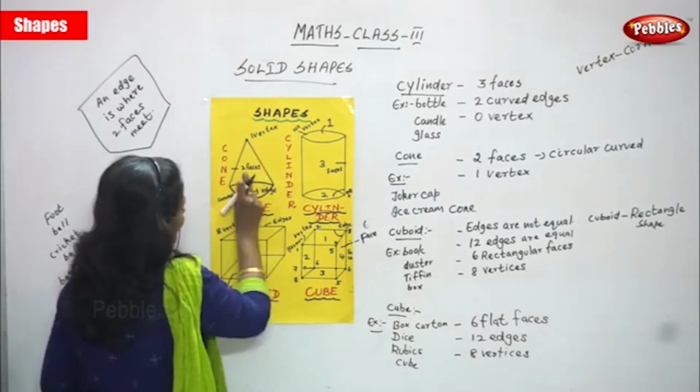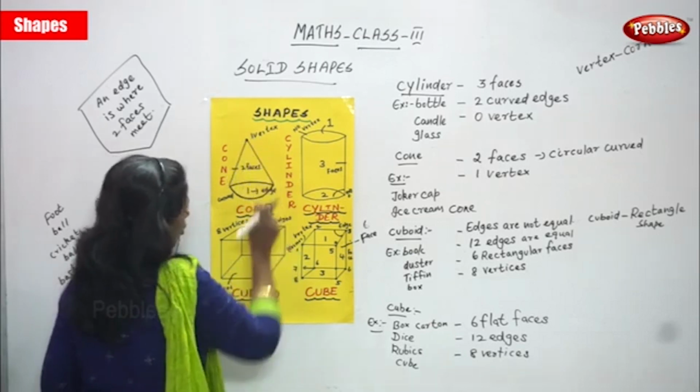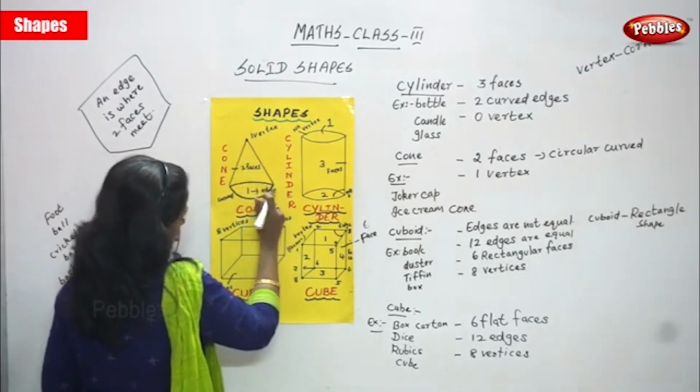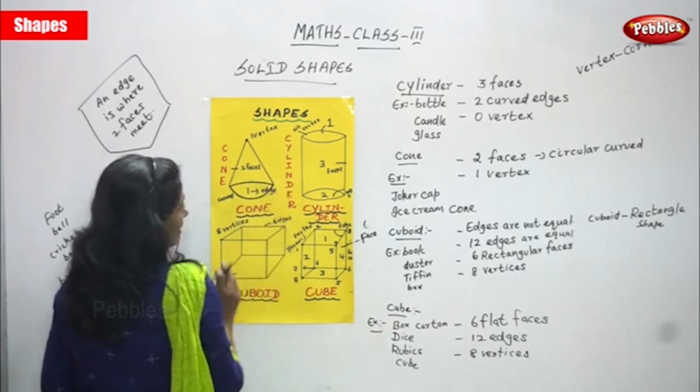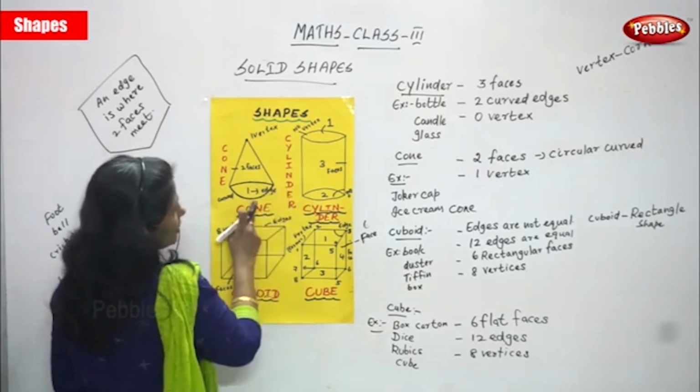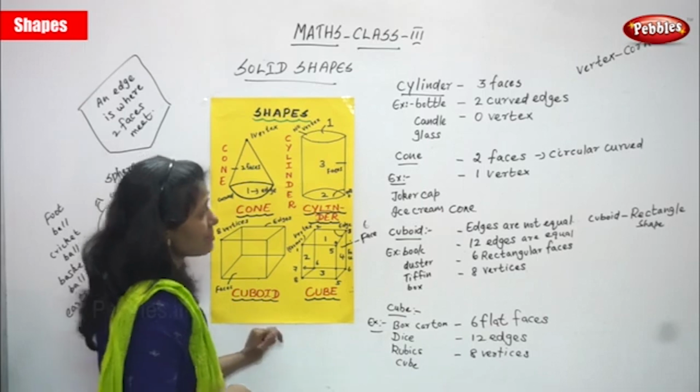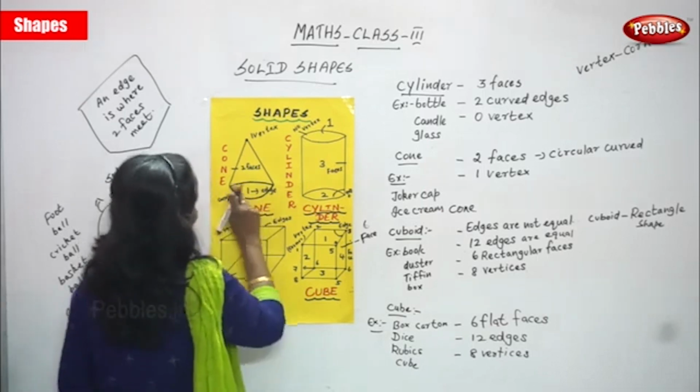Okay, then 2 faces and 1 vertex, 1 corner, and this is called the edge. A cone has 2 faces, circular and curved. This is 1 and this is 2.